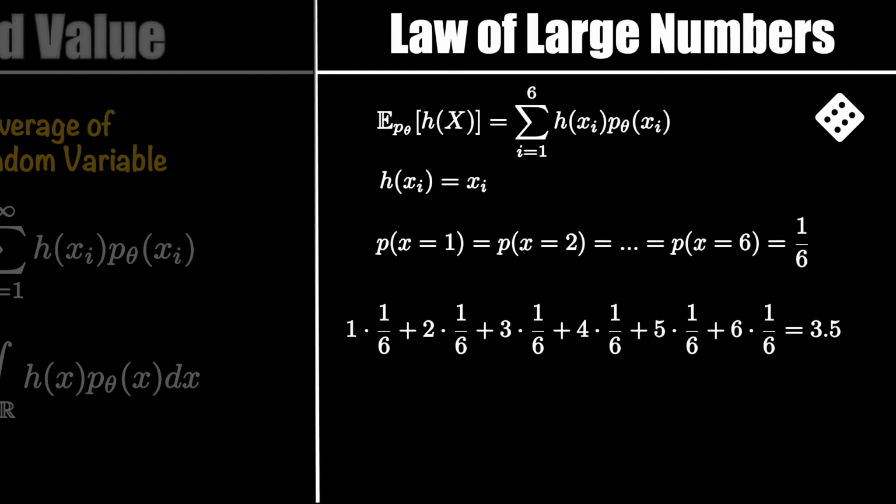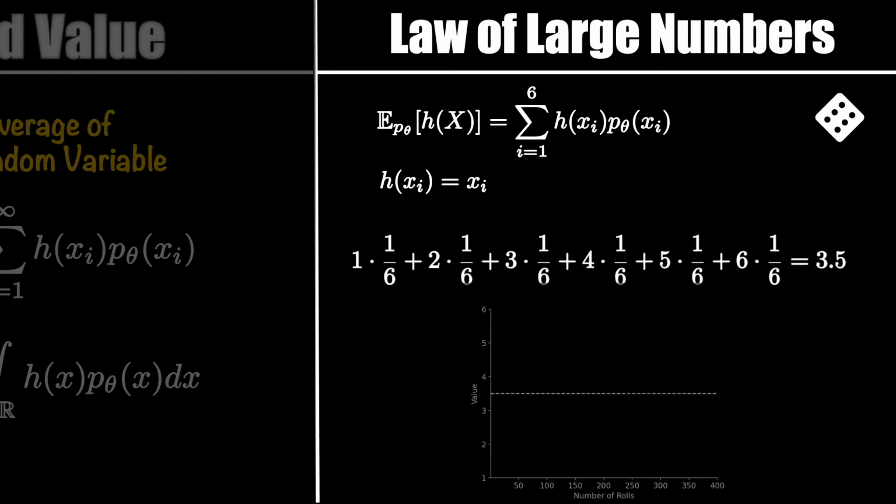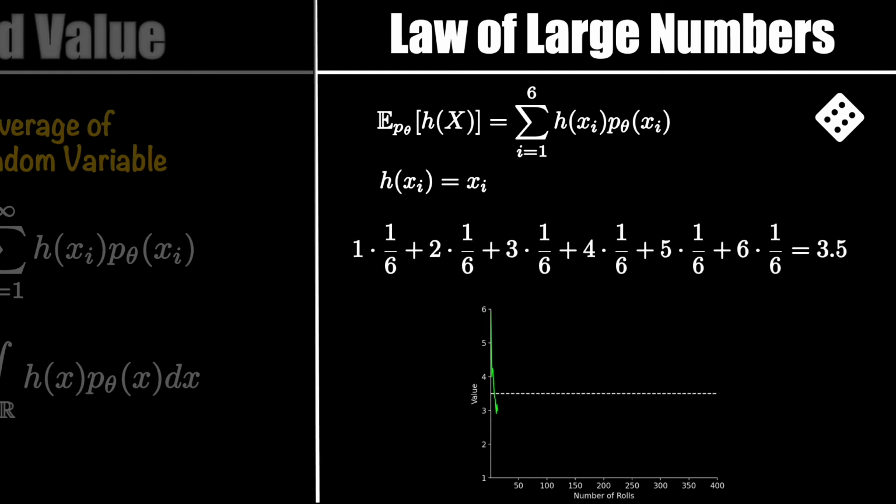But so far we have used our expected value formulation, but the big question here is that can we solve it using the law of large numbers? Which means that we should simply roll the dice many times and accumulate the numbers and then compute the mean value. And this is what I'm doing here.